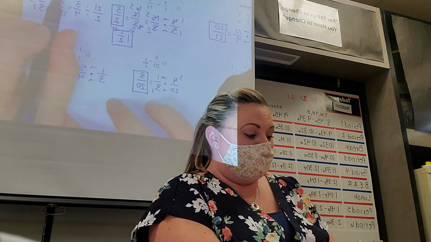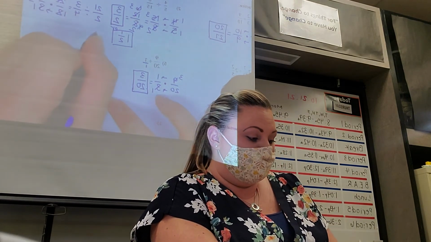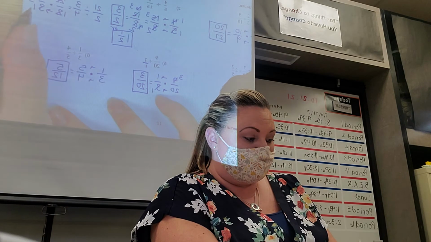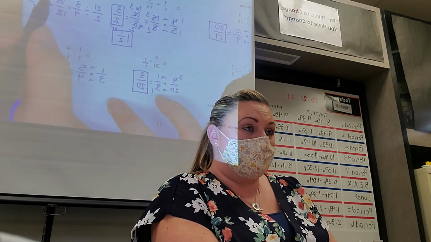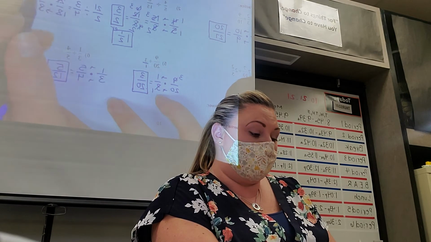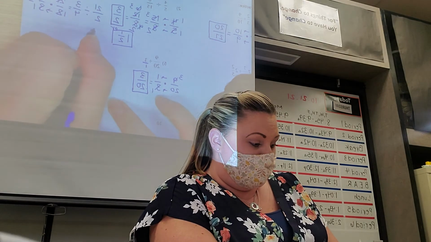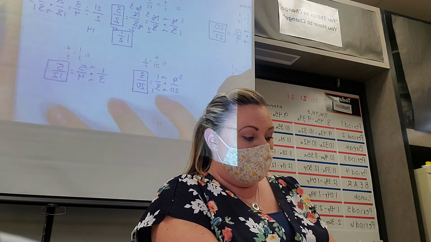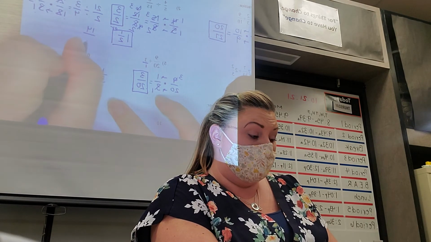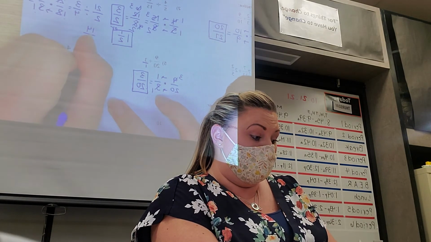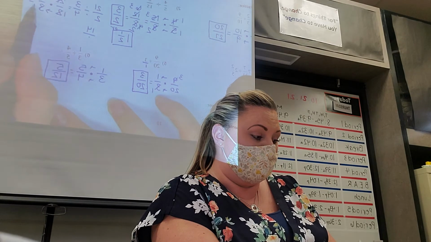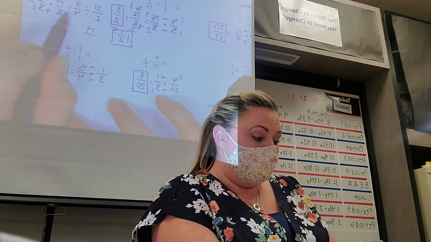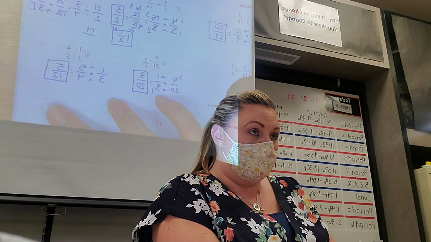Okay, so what's 7 times 2? Look at your chart, bud. What's 7 times 2? 14. And we have 1 times 1 right here. We had 1 times 1 because we simplified.